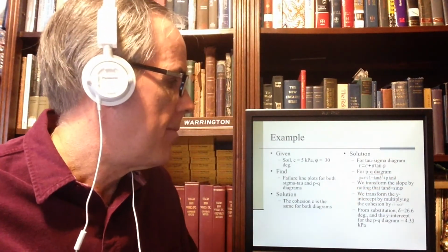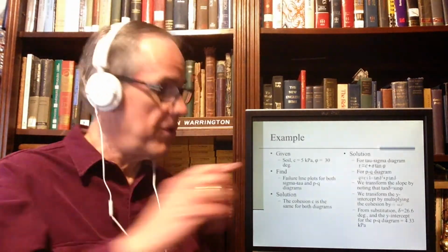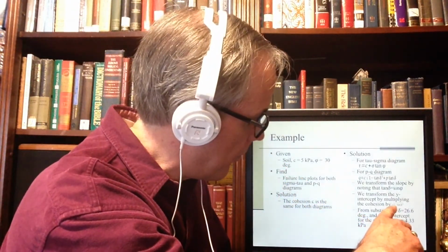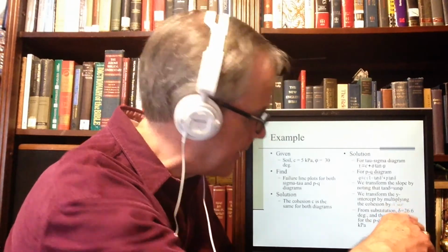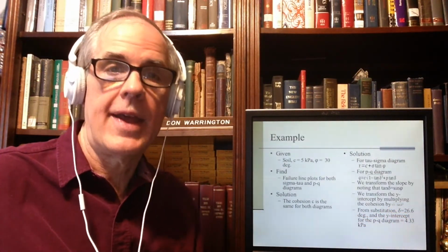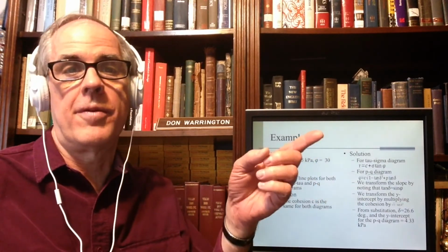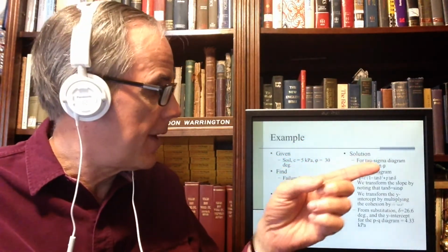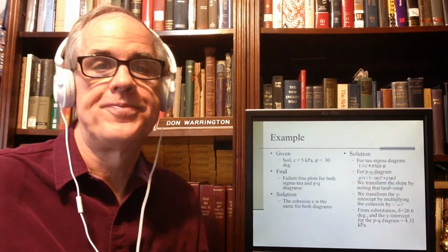Then you transform the y-intercept by multiplying the cohesion, which you're given, by the square root of 1 minus tangent delta squared. And that, in a nutshell, is how you transform from tau sigma to PQ diagram.